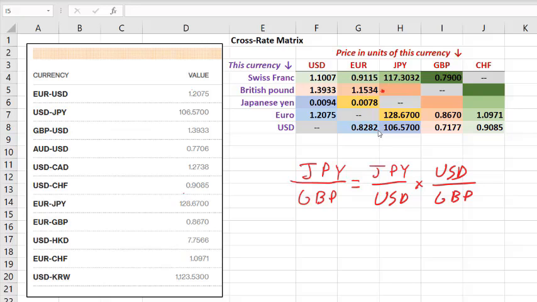That's going to be this one right here. So that's the 106. And then what's the dollars per pound? Dollars per pound is right there, 1.39. All right, so let's let Excel do the math there. Equals, that's that yen per dollar cross rate, and then here's that dollars per pound cross rate.